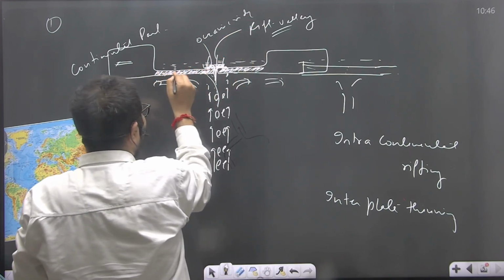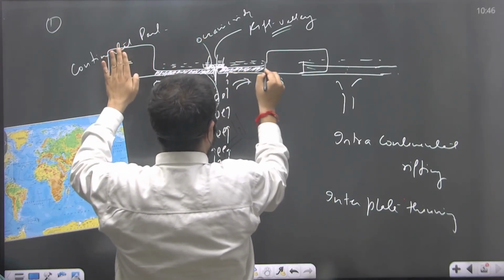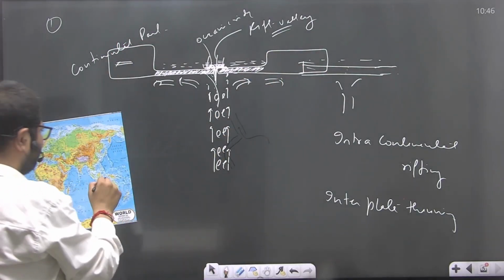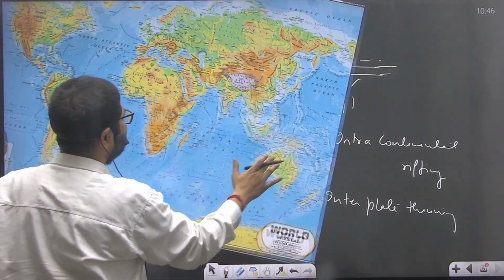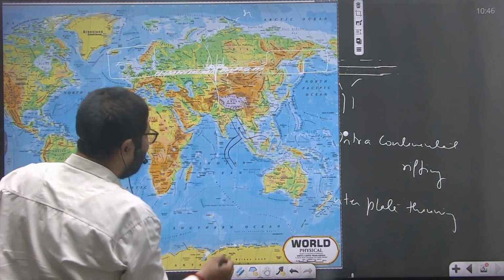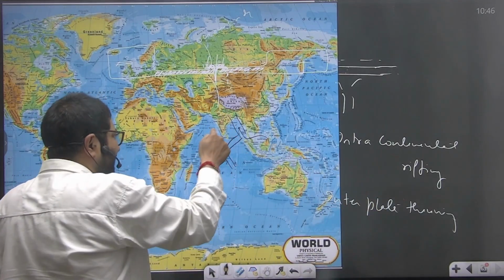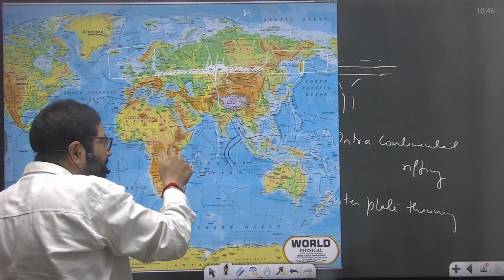And the sea that was in the form of narrow Red Sea expands. For example, third stage, see here, initially India was attached to Africa. India was attached over here.